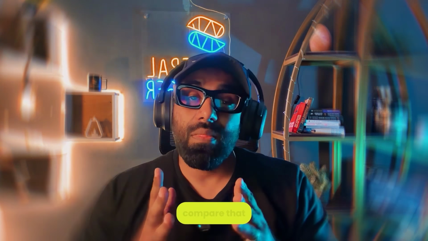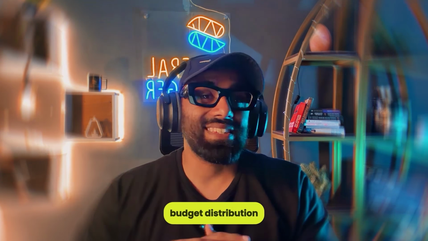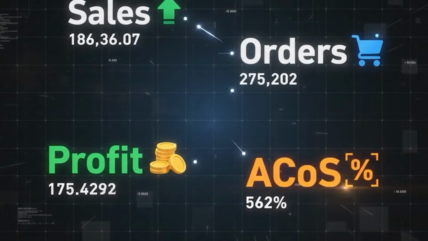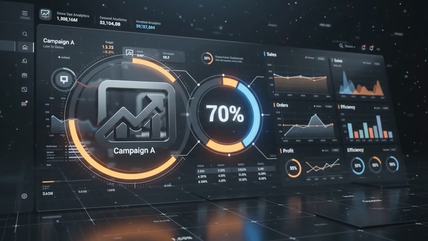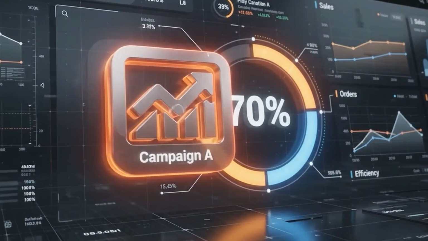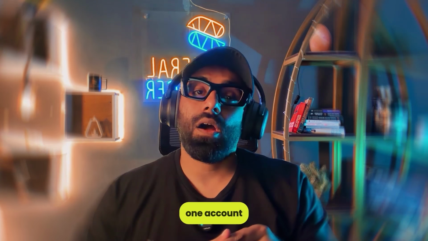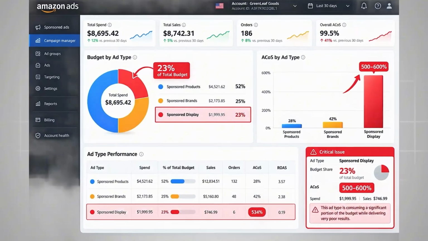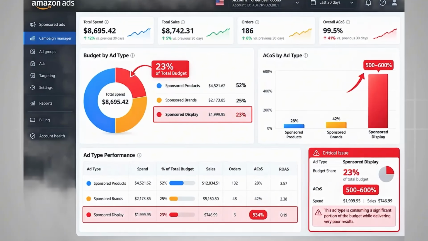Now compare that budget distribution with sales, orders, profit, and ACoS. If campaign A is consuming most of the budget but producing weak results, that is the first place to investigate.